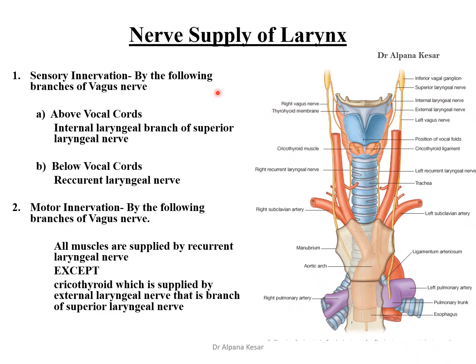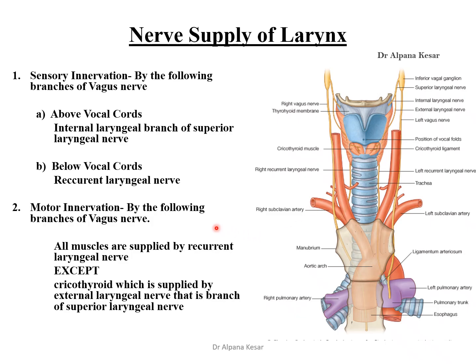Next, sensory innervation of larynx. Above the vocal cords, the sensory innervation of larynx is by internal laryngeal nerve. Internal laryngeal is a branch of superior laryngeal nerve which is a branch of vagus. Below the vocal cords, the sensory innervation is by recurrent laryngeal nerve.